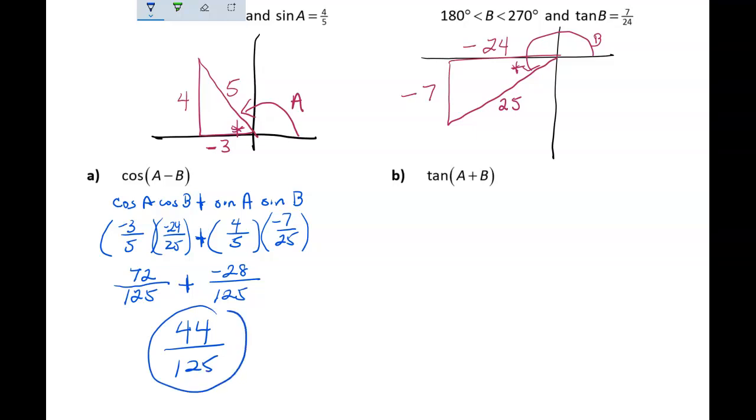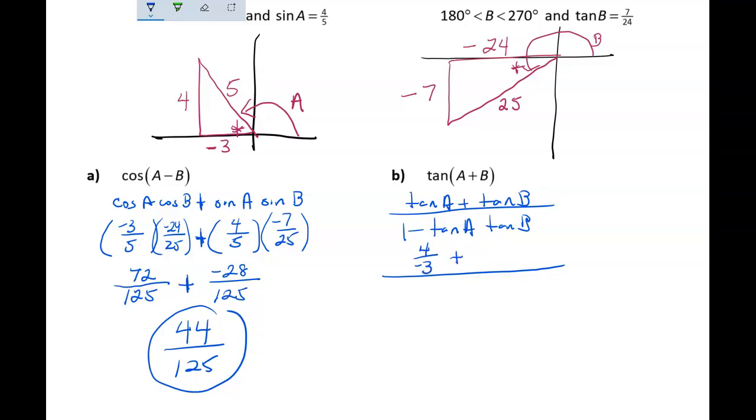All right, now let's try tangent of A plus B. So tangent of A plus B is tangent A plus tangent B over 1 minus tangent A tangent B. Tangent of angle A is opposite over adjacent, so that's 4 over -3, plus tangent of angle B, that was given to us, 7/24ths.